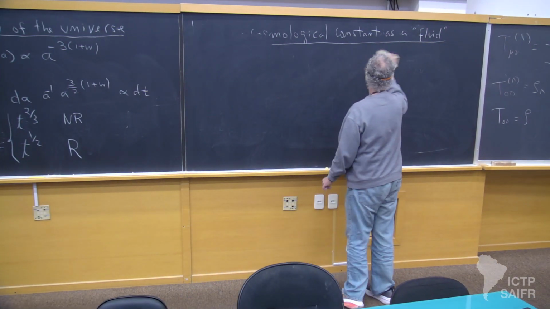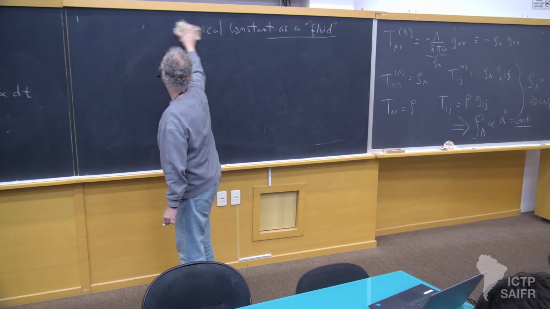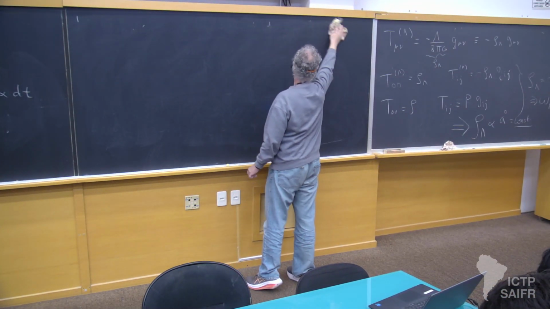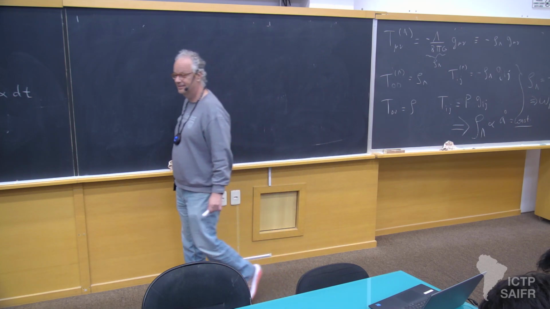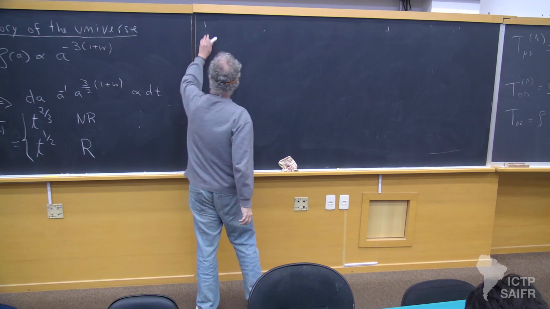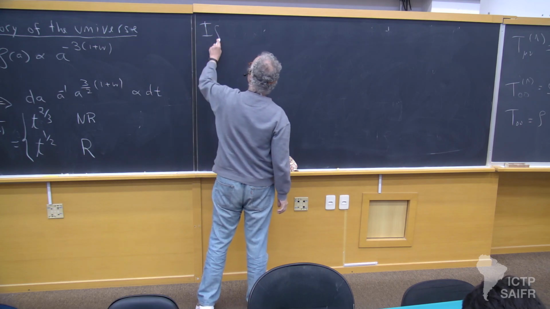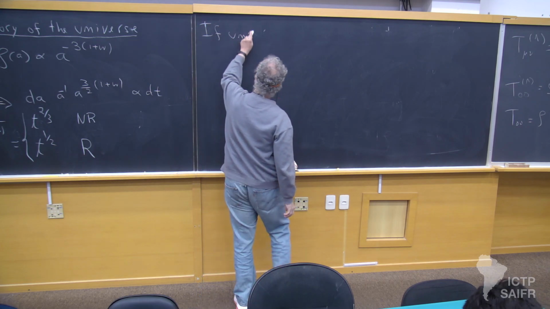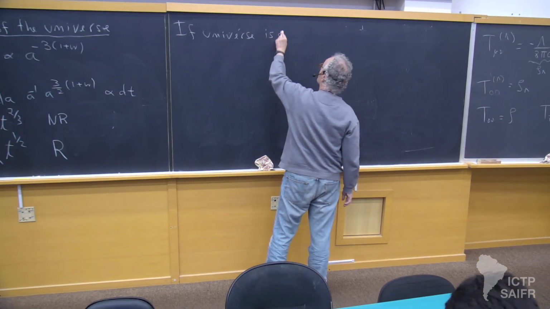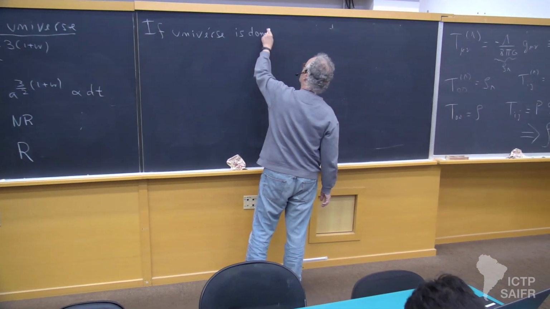So what happens when the universe is dominated by a cosmological constant, which is the case now, actually? What happens to the expansion of the universe?